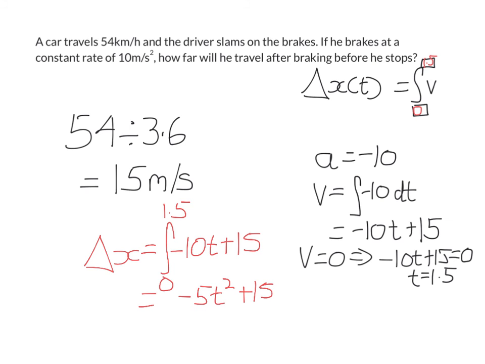So I get minus 5t squared plus 15t between 0 and 1.5. So substituting 1.5 for t into this formula, I get 11.25. And of course, if I were to substitute t equals 0 into the formula, I would get 0. So it's just 11.25 minus 0, 11.25 meters, because everything else was in meters. So that means the car, after the driver hit the brakes, will travel 11.25 meters in this 1.5 seconds.